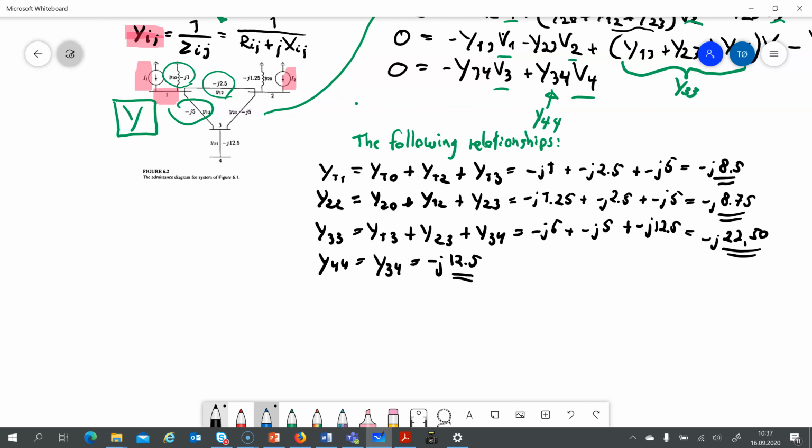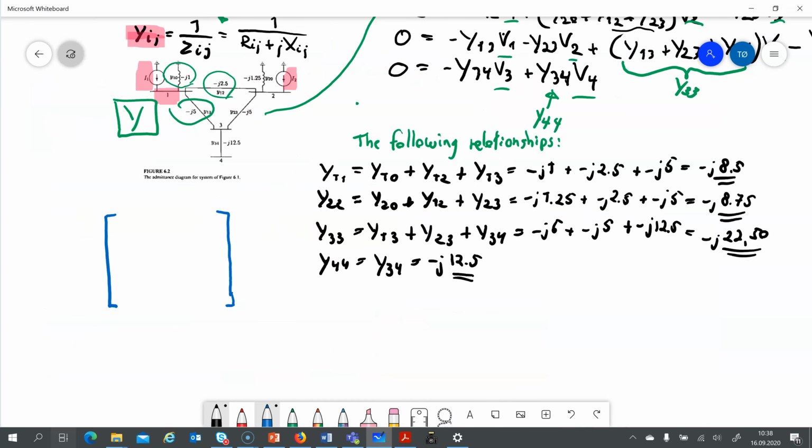So maybe we can start to draw it up here like this. On the diagonal, we have these values, y11, y22, y33, and y44. So we can start to fill that in, because now we have calculated those.